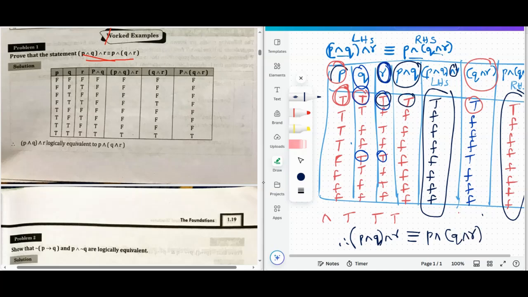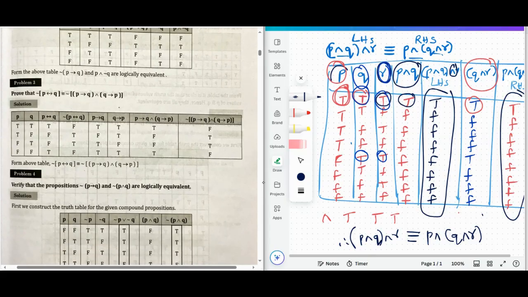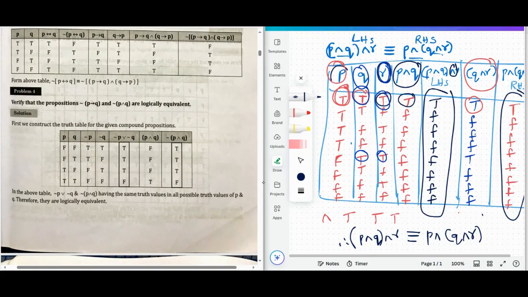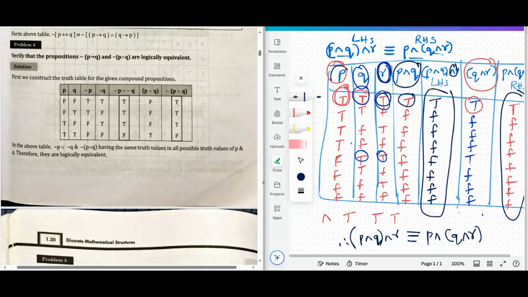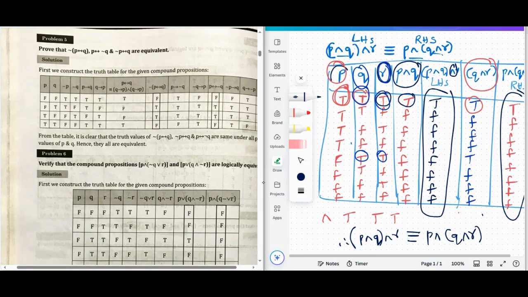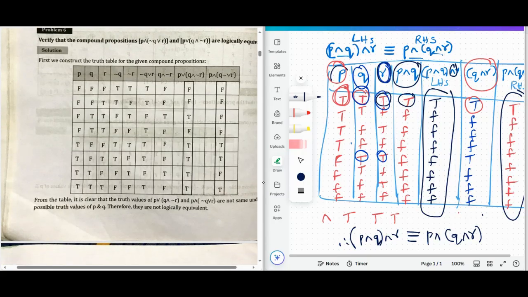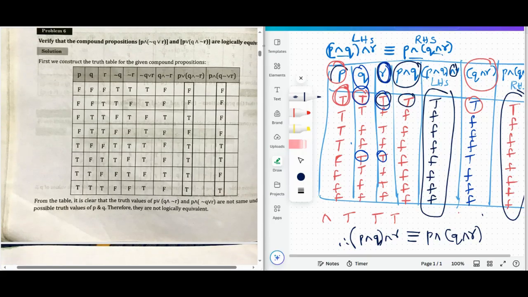Okay, I'll prove one more. We'll take one other example and try to solve it. They'll ask you to verify the propositions. Negation of (P implies Q) and P and negation Q are logically equivalent. Verify that the components are logically equivalent.